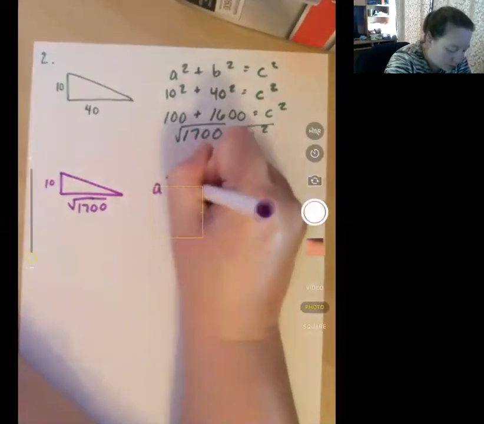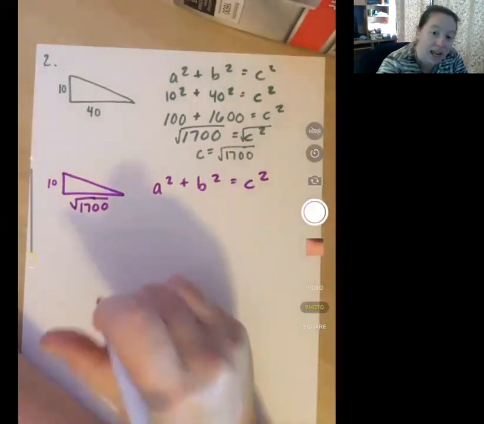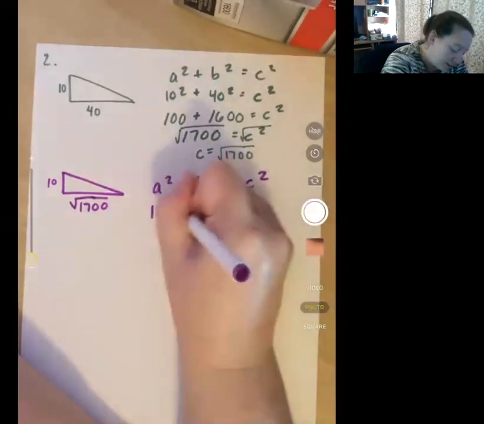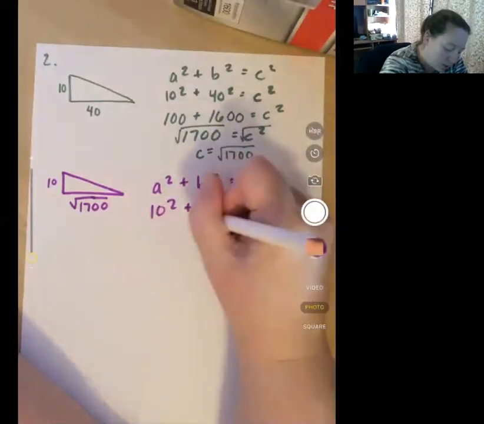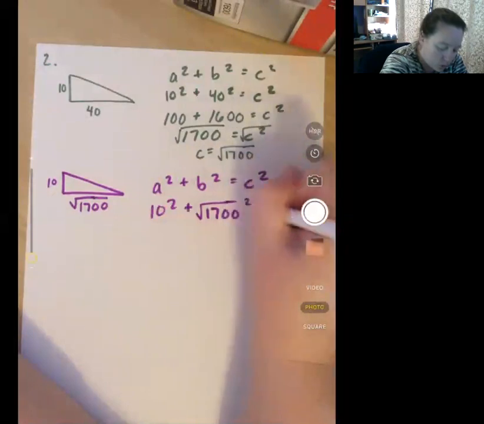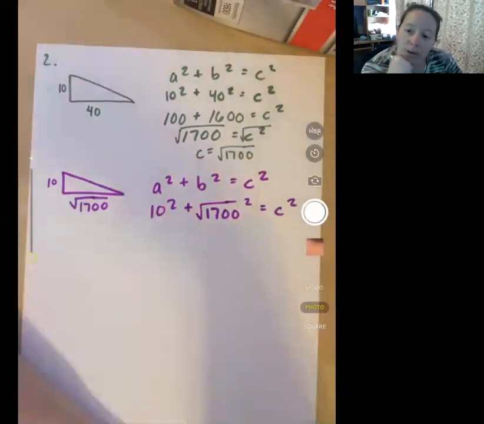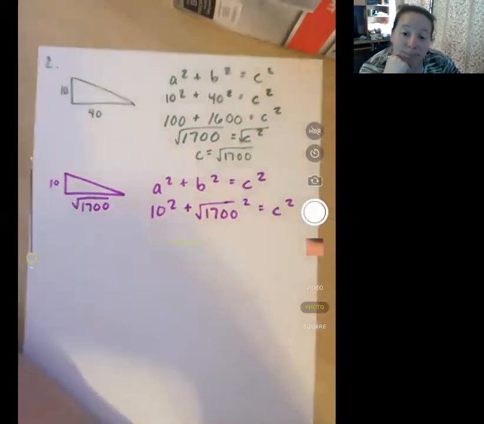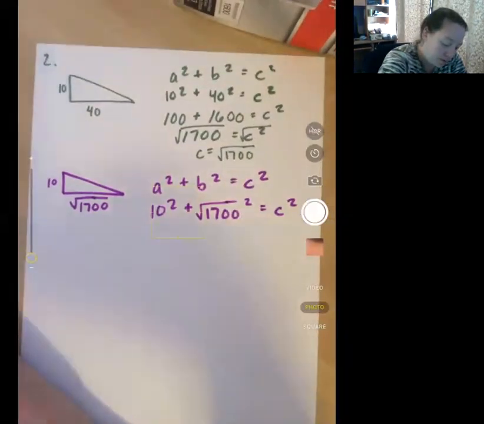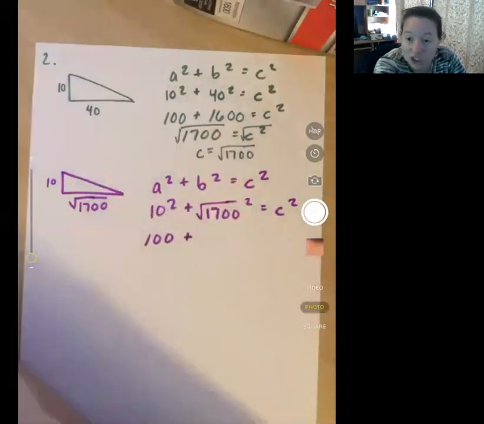So a squared plus b squared is equal to c squared. A squared is once again 10 squared plus b squared, which is the square root of 1700 squared, is equal to c squared. 10 squared is 10 times 10, which is 100, plus the square root and square cancel each other out.